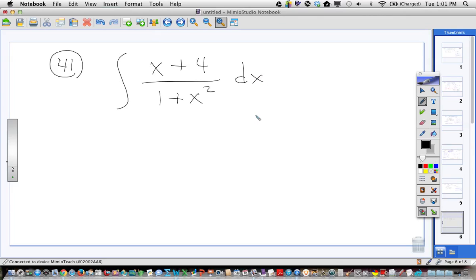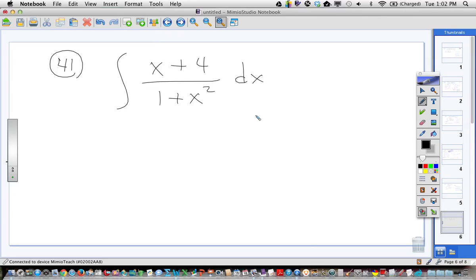Now, if you haven't had a chance to look at this one, let's let everybody take a second to think about what they would pick for a u there. Just the x squared?